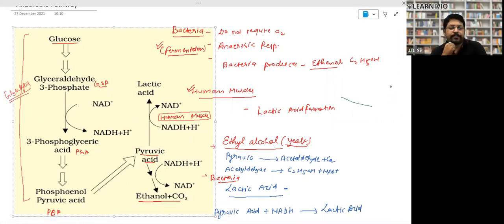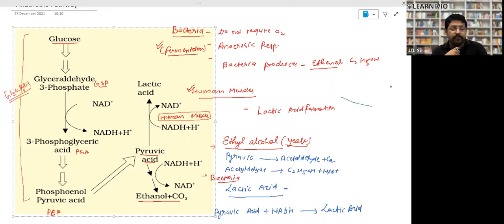When you run fast, your muscles require more oxygen, but oxygen cannot be supplied in that frequent, fast manner. So it does not match the pace of the demand. So what happens? Some of the muscles start anaerobic respiration. Then formation of lactic acid takes place, and lactic acid deposits between our muscles.